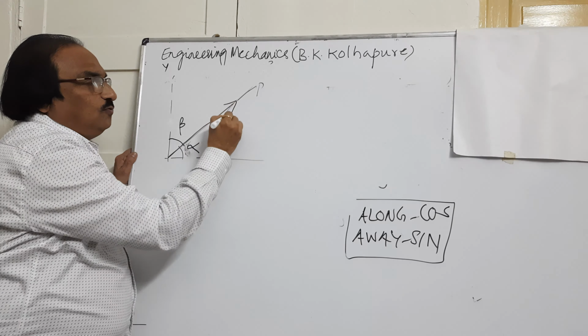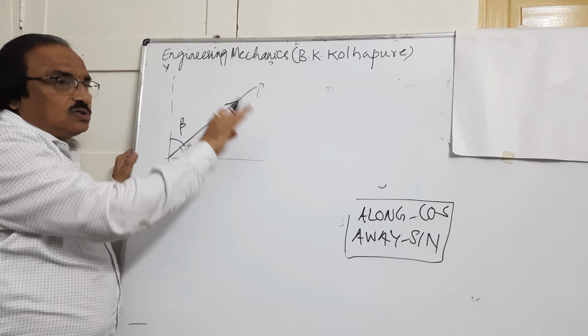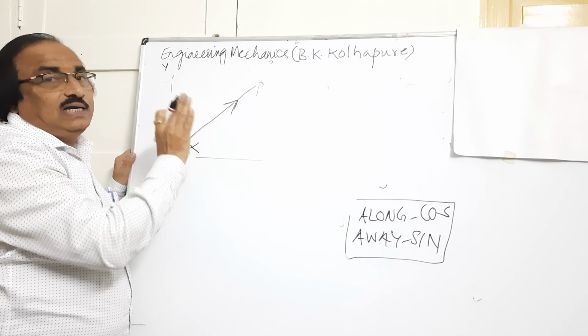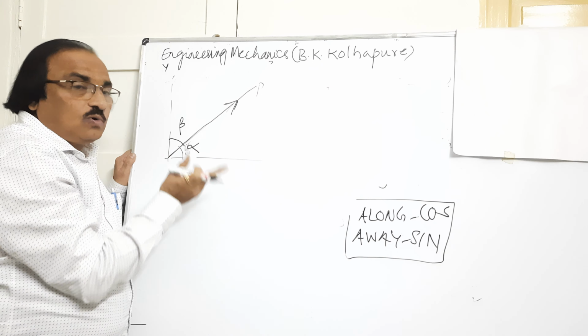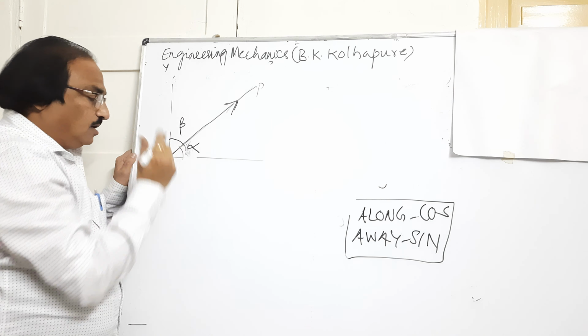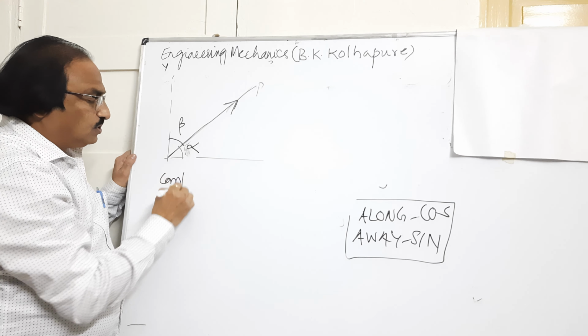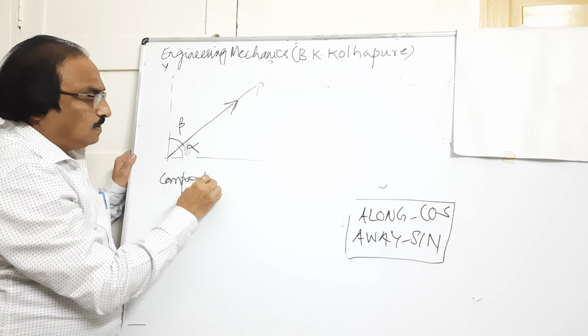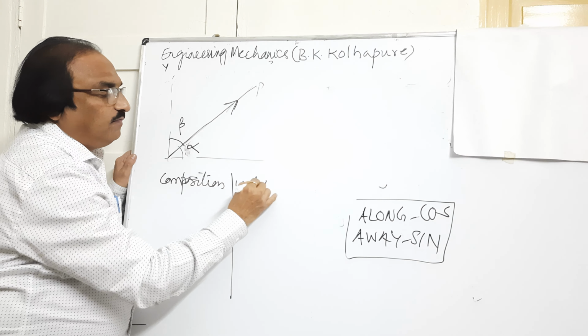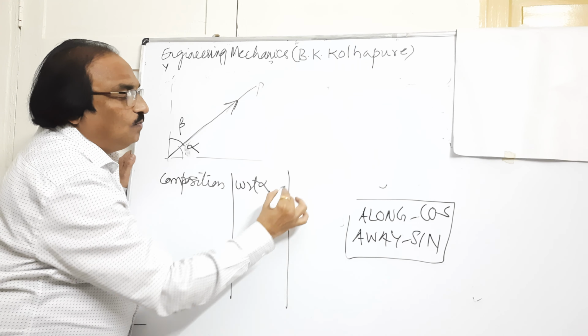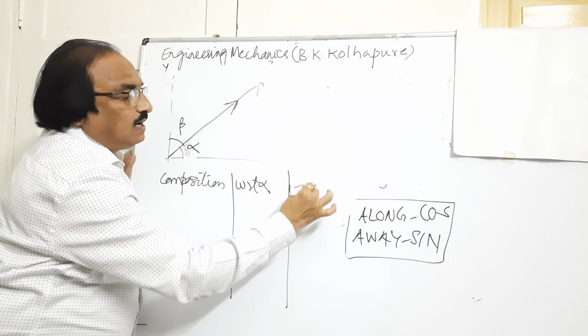Now here this is the force P which is acting. We want to resolve this force horizontally and vertically. We will see what will happen if I consider alpha or what will happen when I consider beta. So here we will go for the resolution with respect to alpha, then with respect to beta.